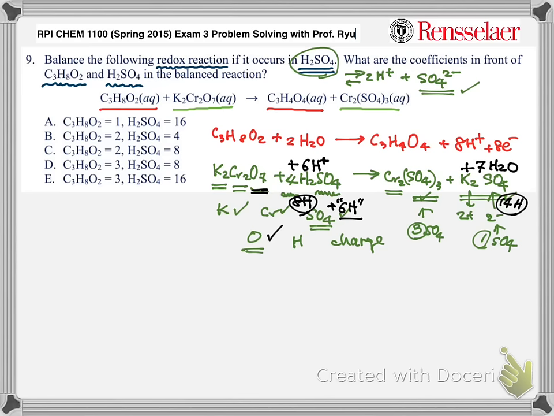So you balance H using H plus, once again oxygen using H2O, and finally the charges balance using electrons. How many electrons do I need? On the right hand side is 6 plus, on the left hand side is neutral, so you need 6 electrons on the other side. Okay, so now the first equation and the second equation are balanced.